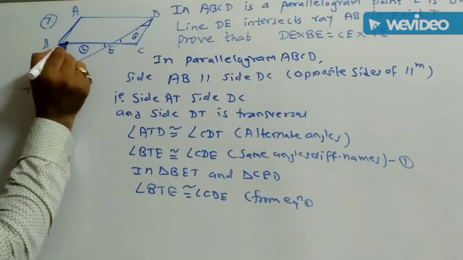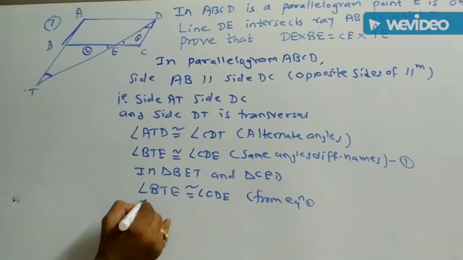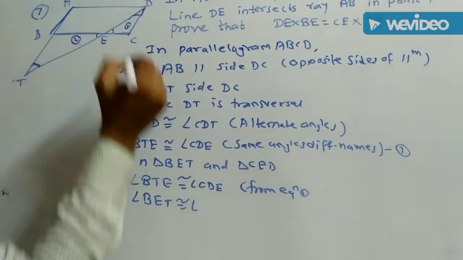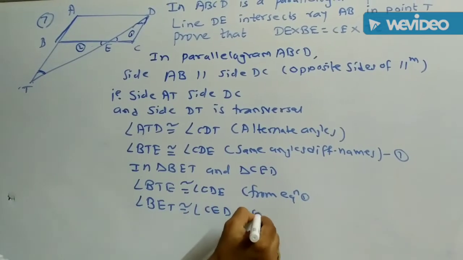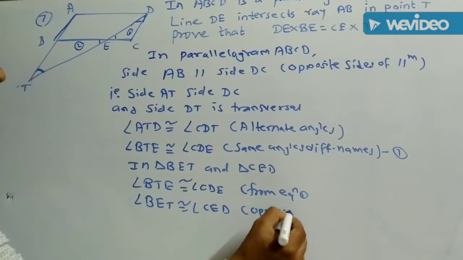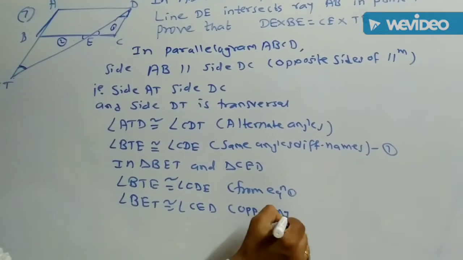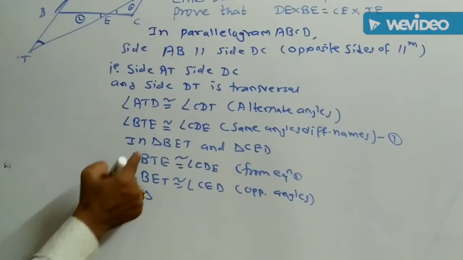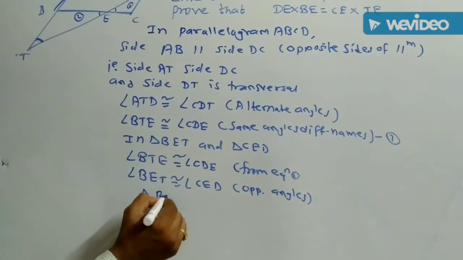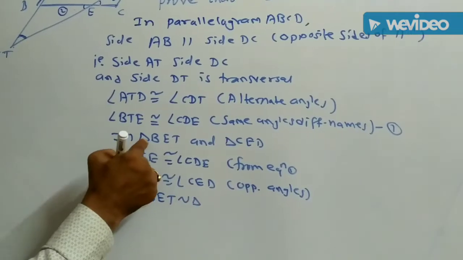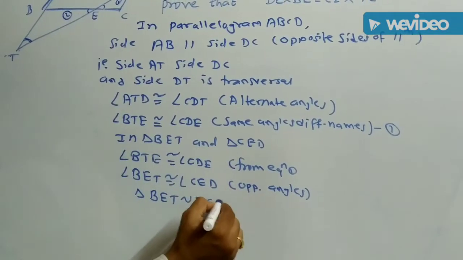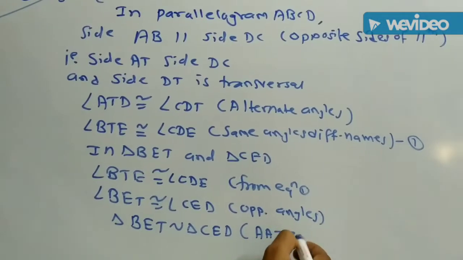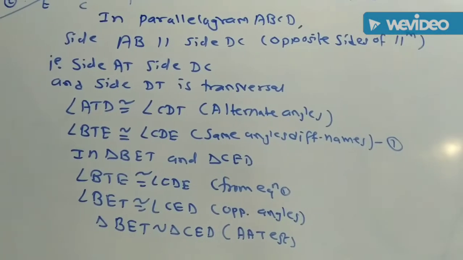Now vertically opposite angles, angle BET is congruent to angle CED. In both the triangles, two angles of each triangle are congruent to each other, and therefore triangles BET and CED are similar by AA test.